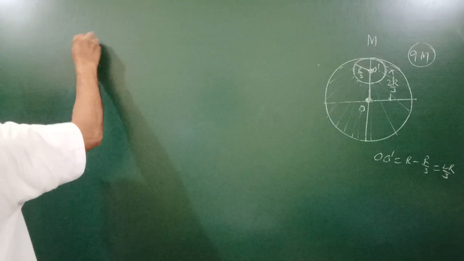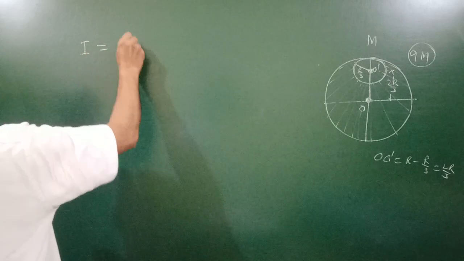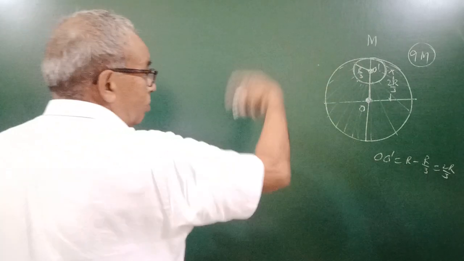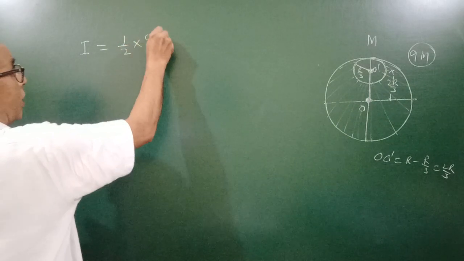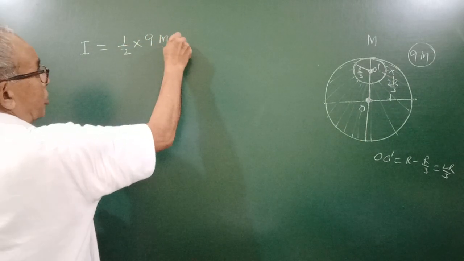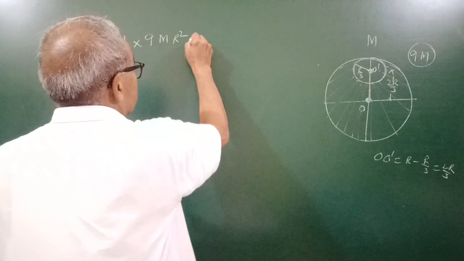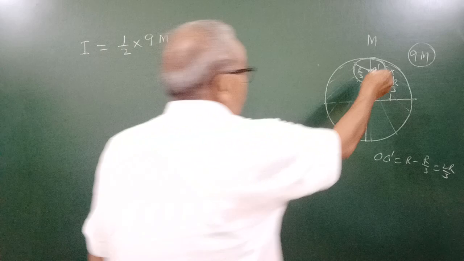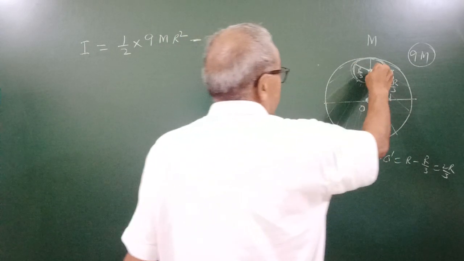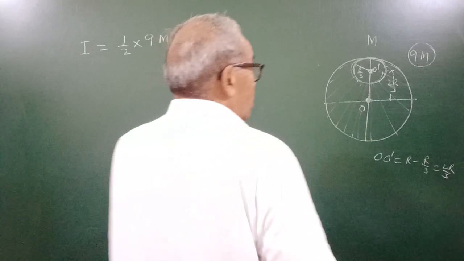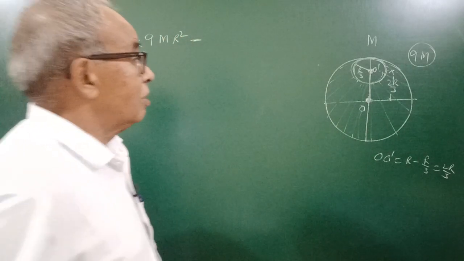So the moment of inertia of the remaining disk about this axis is 1/2 into 9m r square, half mr square of the whole disk, minus the moment of inertia of this part about this axis. The distance is 2r/3, so we will use the theorem of parallel axis.